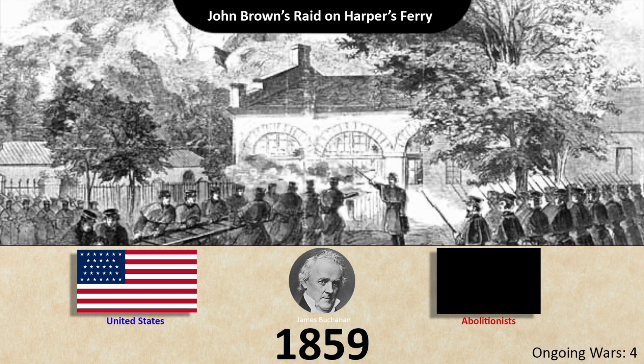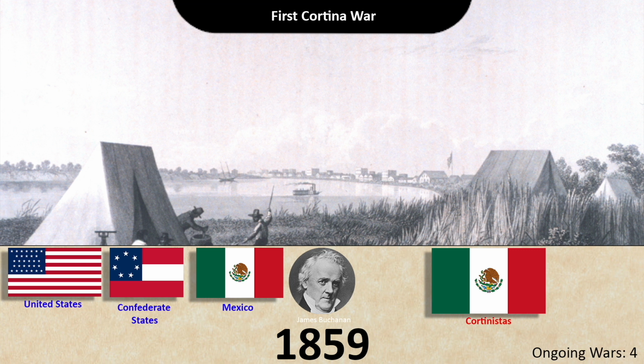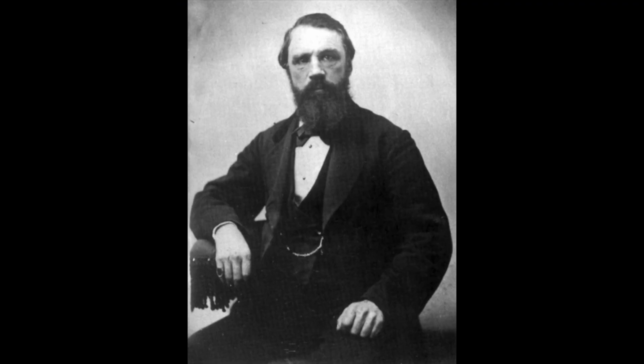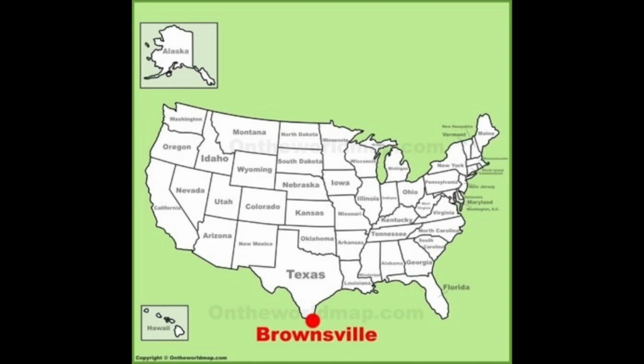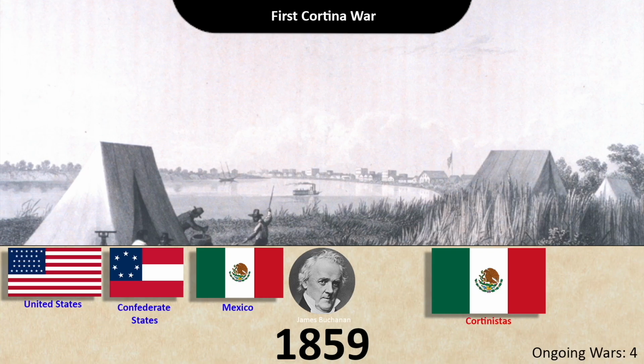And yeah, in 1859, we'd also get the First Cortina War, and this would basically start when Juan Cortina would shoot the town marshal in Brownsville for brutalizing Cortina's former employee. Tensions would increase between Cortina and the authorities at Brownsville, and Cortina would eventually raid and occupy the town with a posse of around 40 to 80 men.